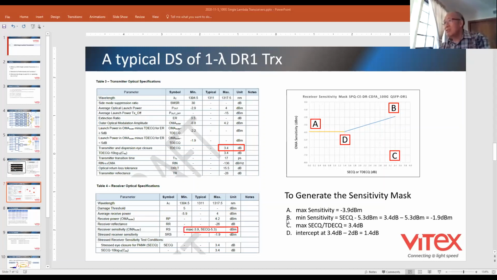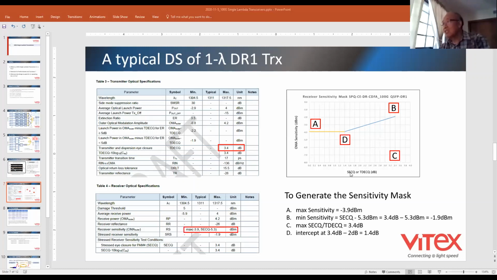Another point is B. Point B is called the minimum sensitivity, the other side. Again, look back onto this equation: CQ, minus 5.3, is given by the supplier. Now CQ is for the receiver, but in this calculation it is equivalent to theta Q on the transmitter.